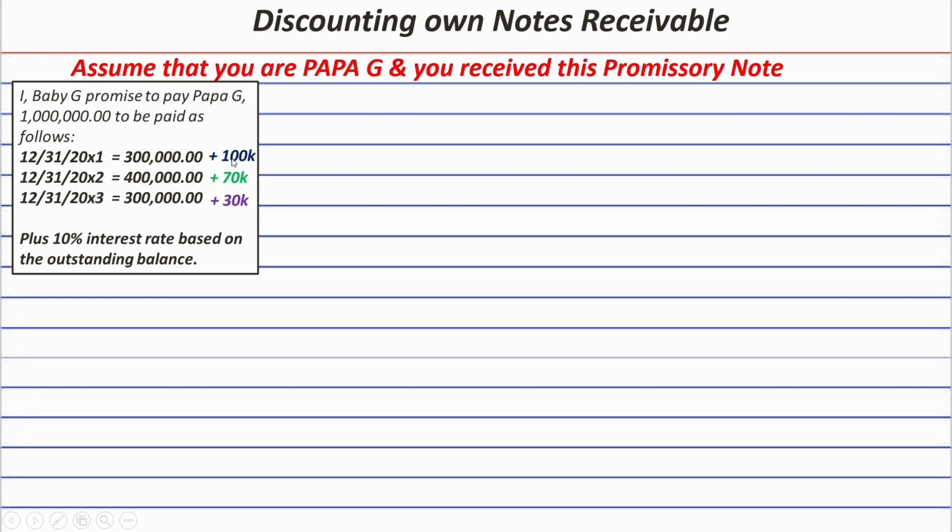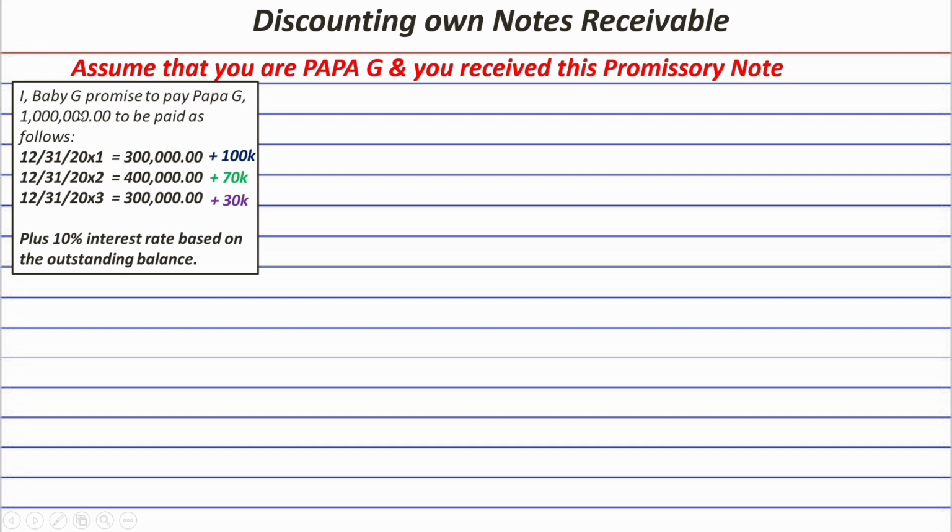On the second year, the outstanding balance in year 1 is 1 million, but since there is a payment already of 300,000, the outstanding balance is already 700,000, which is why in the second year, we have 700,000 times 10% equals 70,000 here. Okay? And in the last year, the outstanding balance is now 300,000.